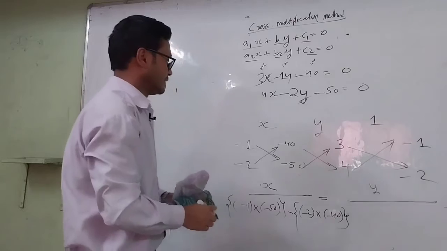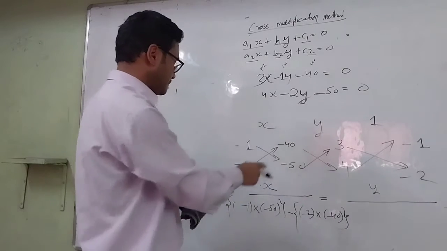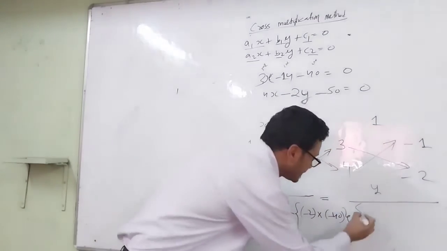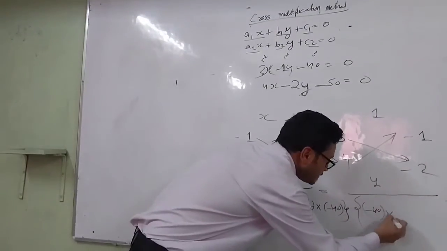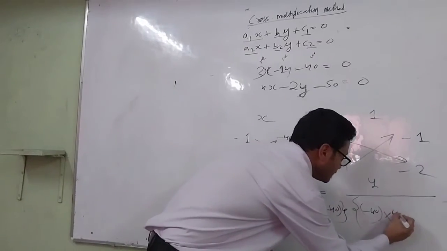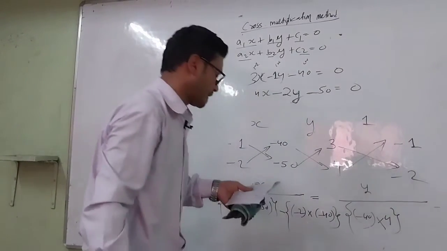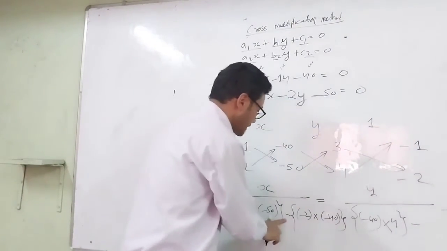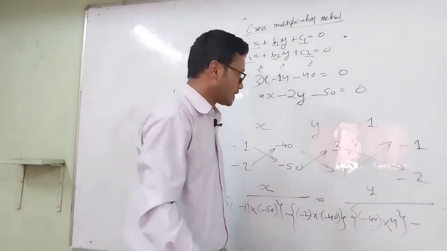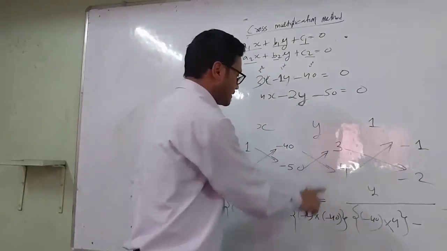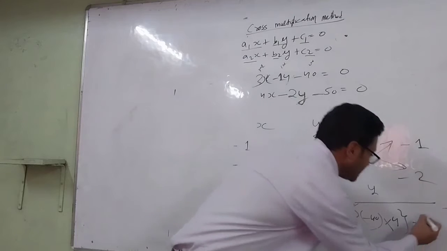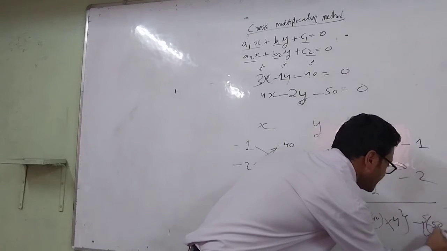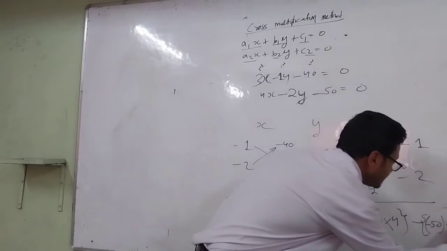Then again y means then -40 into -4, then first put the curly bracket, then again -40 into how much? 4, then close the curly bracket, then again the formula's minus sign, minus only. Now again after -40 into -4 we have to write -50 into -3, that means -50 into how much? 3.